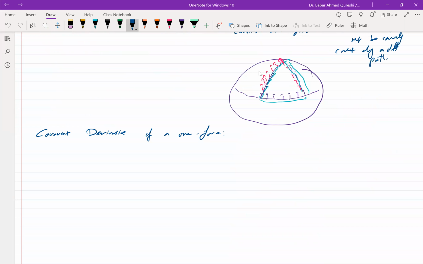Or maybe the right terminology should be the action of the covariant derivative on a one form.